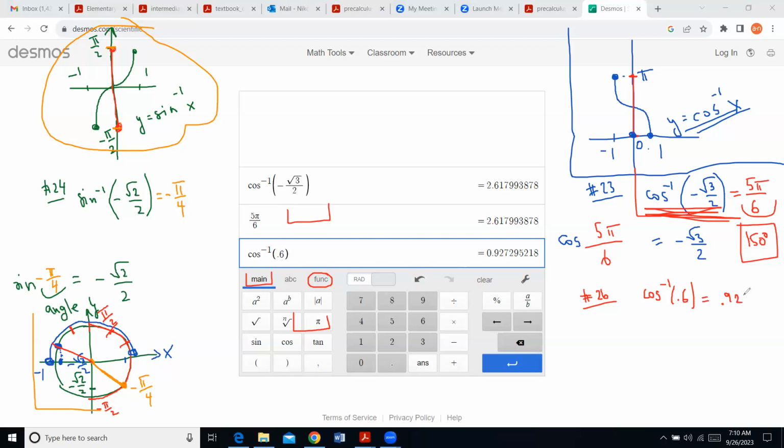Well, if you want, you can always get this in degrees, so you get a better feeling. So it's like 53 something degrees. So there's some random number, and there's nothing really you can do with it because it's not, again, 30 or 60 or 45. So you just leave the answer like that. Pure calculator exercise.